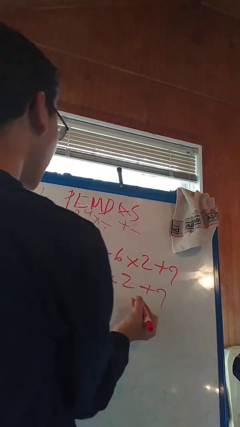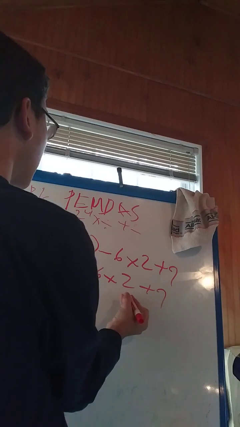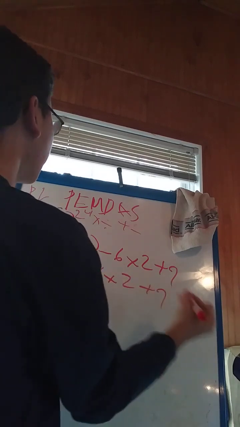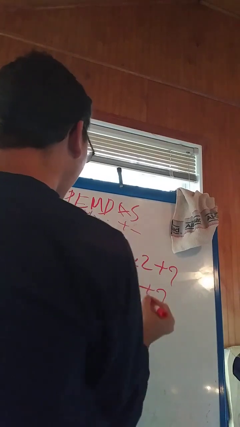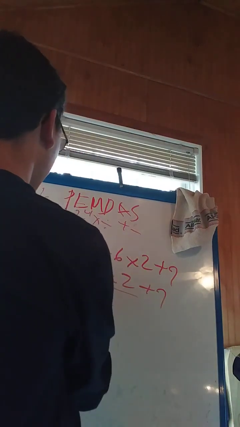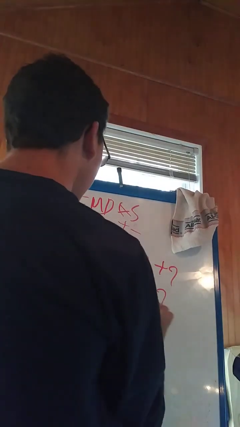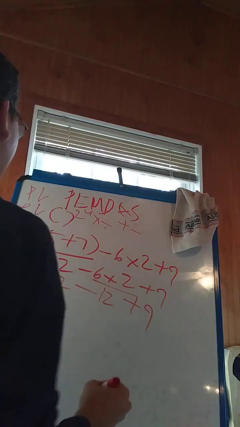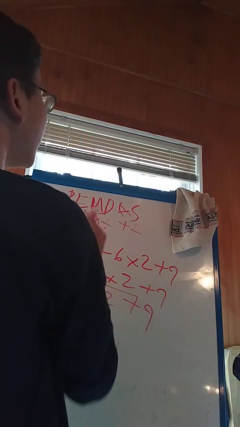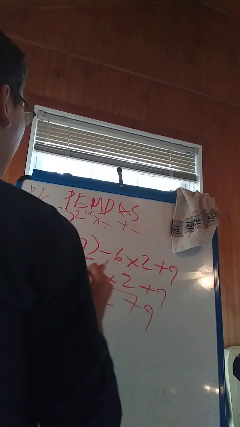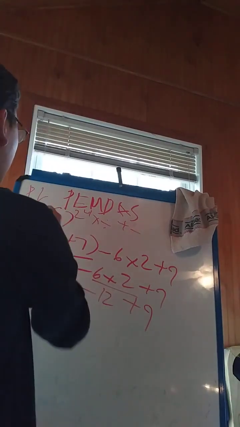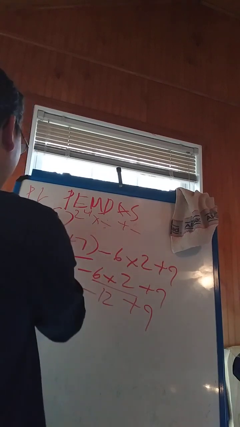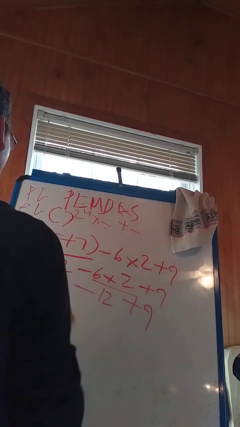Oh, I see a multiplication problem right here. So 6 times 2 is 12. And then drop everything else down. And then it has to be the steps exactly. There's no division here, so we can cross that off.